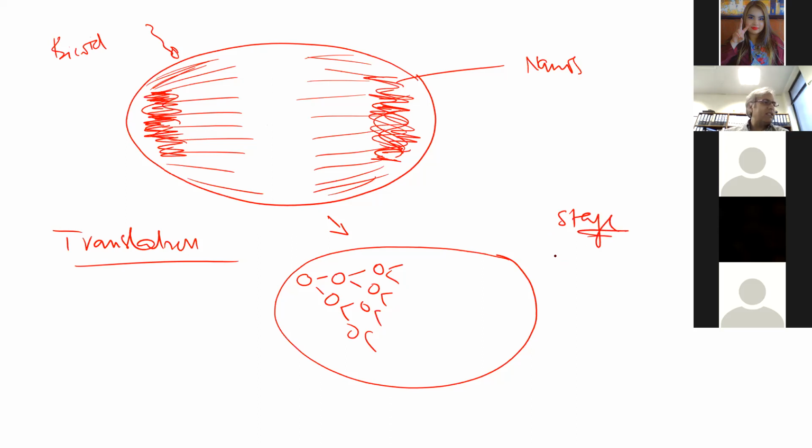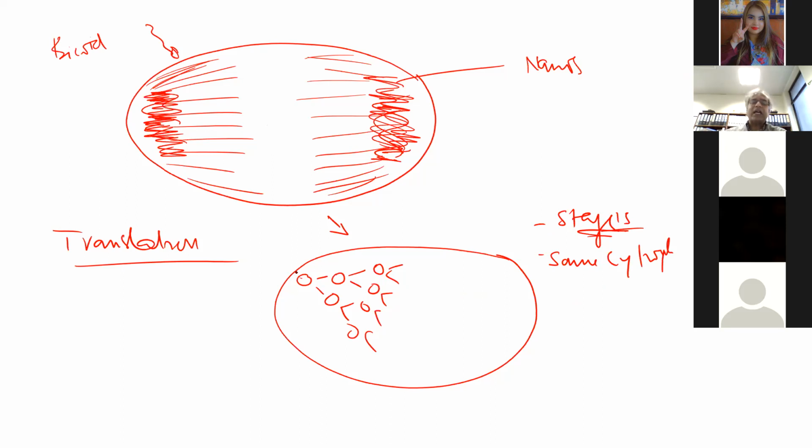I think this takes nearly 3 hours or so. All these nuclei are sharing the same cytoplasm up to stage 13.